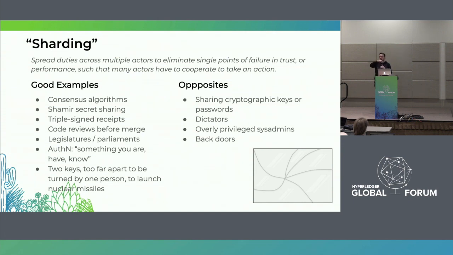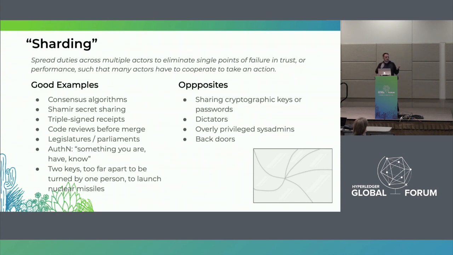Sharding is the technique whereby all of these nodes get some input into the overall answer, and you deliberately structure the sharding properties such that it degrades gracefully and it solves certain problems under attack. Triple signed receipts, if anybody's familiar with that, is another form of the sharding pattern.